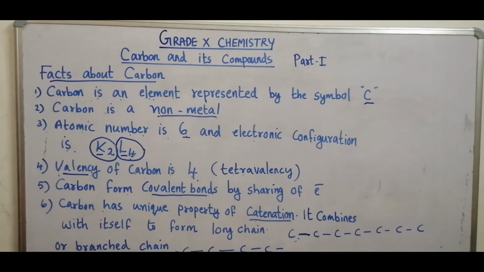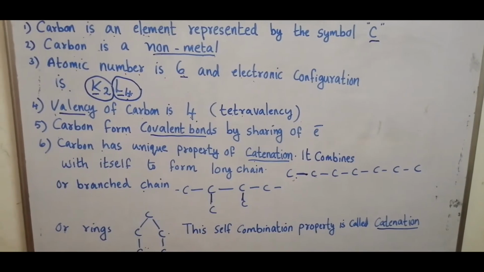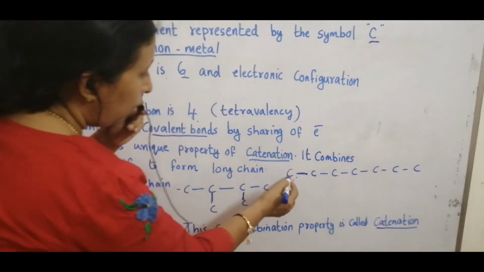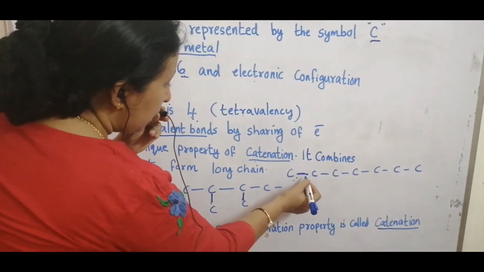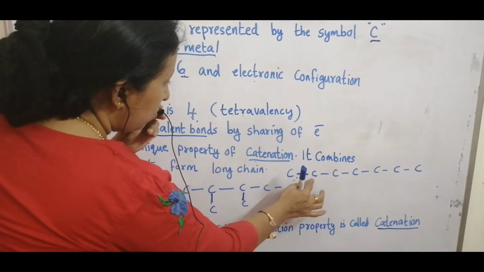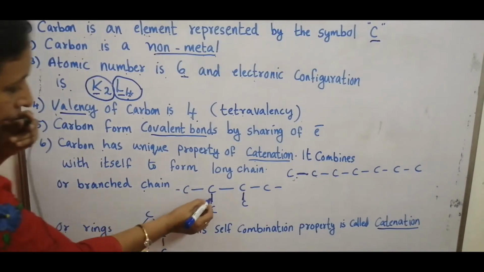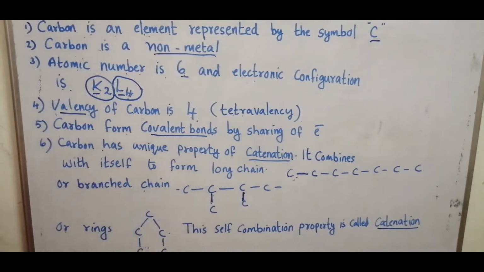Carbon has the unique property of catenation. It combines with itself to form long chains. Here the carbon forms long chains by sharing of electrons through covalent bonds, or branched chains or rings.